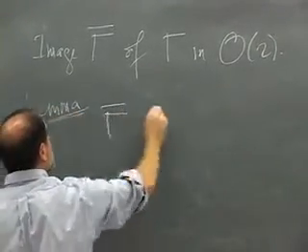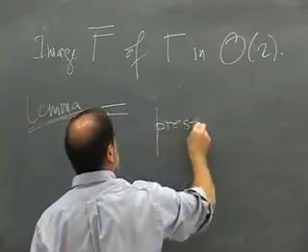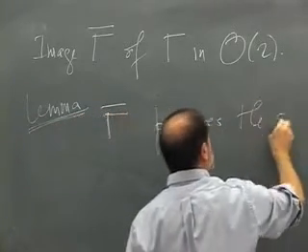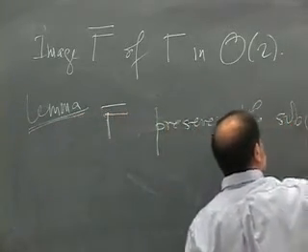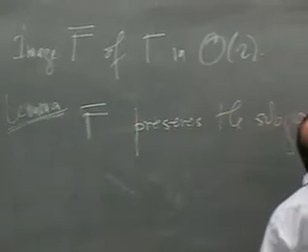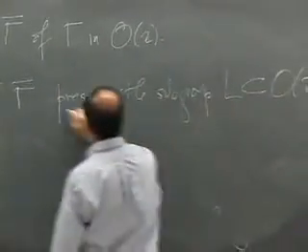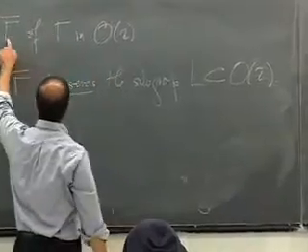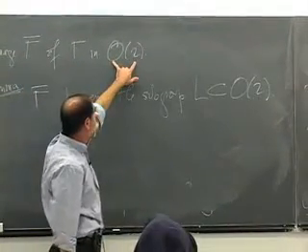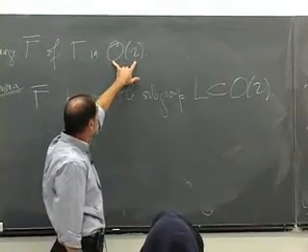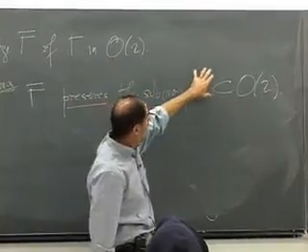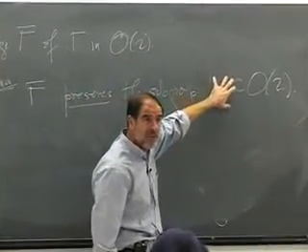Gamma bar preserves the subgroup L in O2. Namely, if I view gamma bar as acting on 2-space via its realization as orthogonal transformations, it takes this lattice to itself.